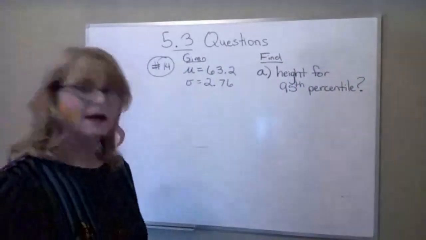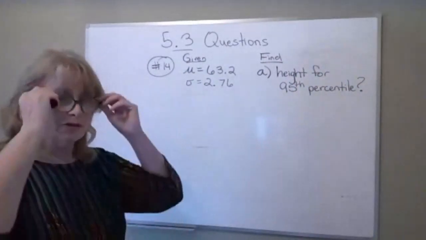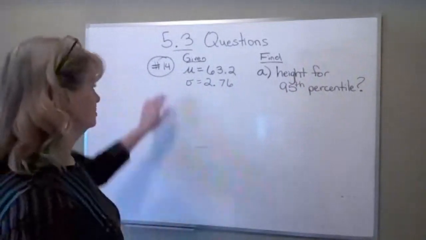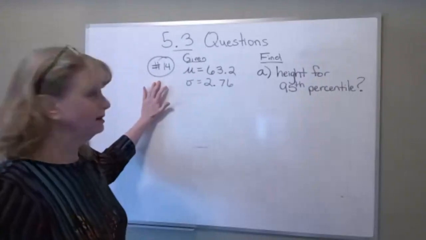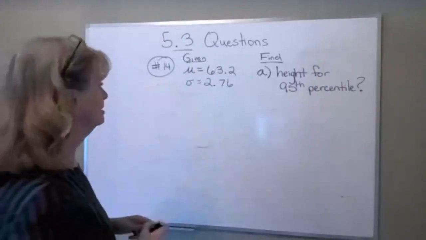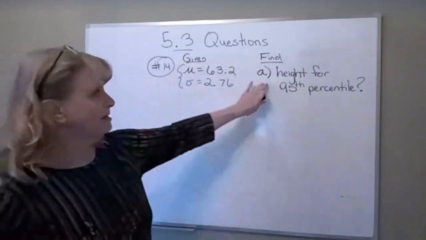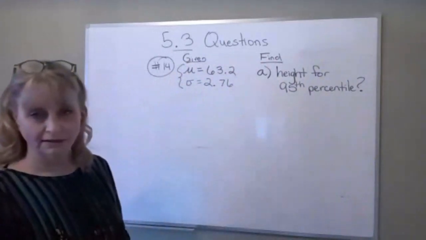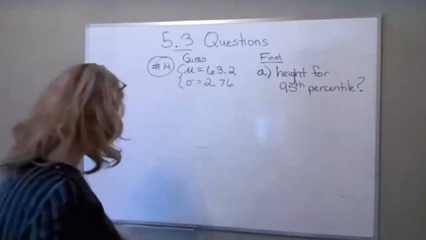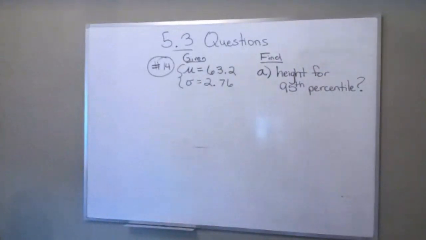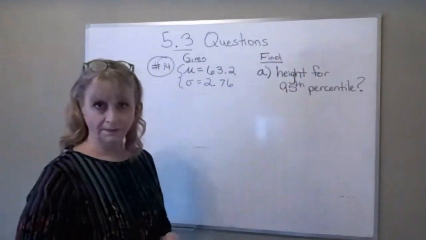And this is one that I really wanted to go over with you. So make sure you take good notes on this. This is number 14. So I'm going to give you a second, make sure everybody's written this down. This is number 14. This is what I was given. And this is what it asked me to find. Now you may notice that they aren't asking me to find a z-score.